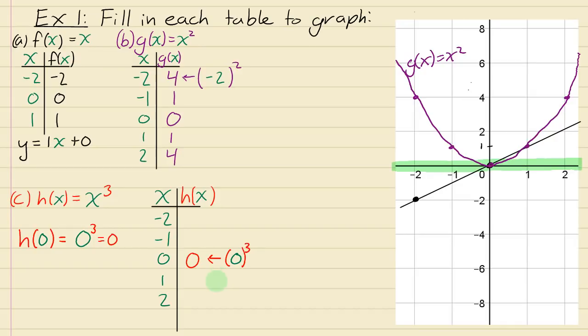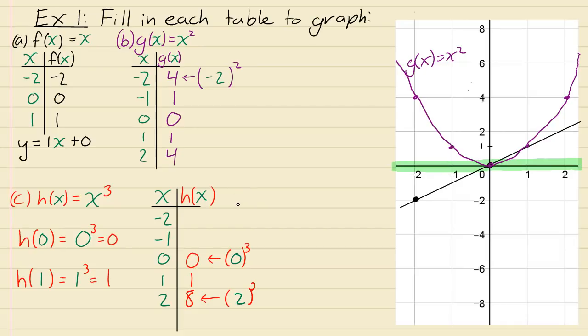And if you want to find h of 1, that's going to be 1 cubed, which is 1 times 1 times 1, and that result is 1. H of 2 means 2 cubed. 2 times 2 times 2 is 8.